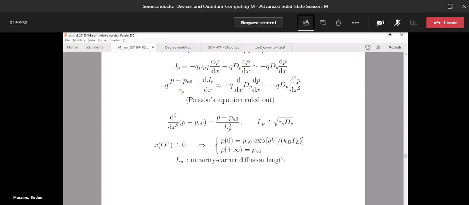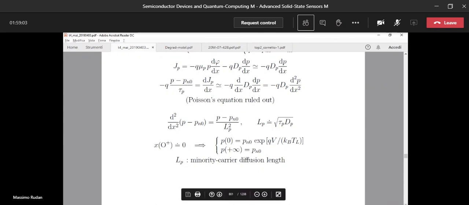P at 0, again, due to the Shockley boundary conditions, is Pn0 exponential of qV over kT. P at infinity is the typical P of a neutral region of n-type, okay? So we have the two boundary conditions.